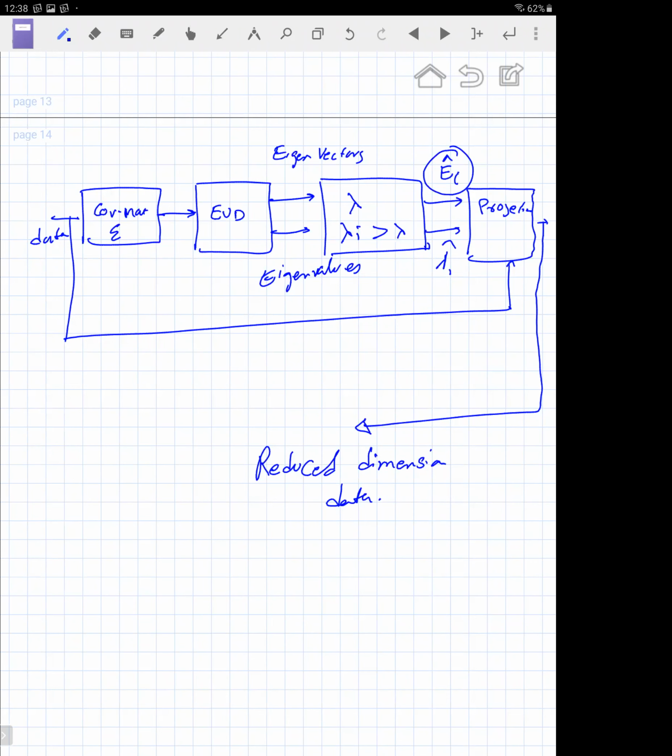Reduced data also means that if you want to compress your data, let's say you're compressing audio signals or anything else, you can do this principal component analysis, throw away that dimension of the data that doesn't have a lot of variance, and you can start reducing the size of the data.